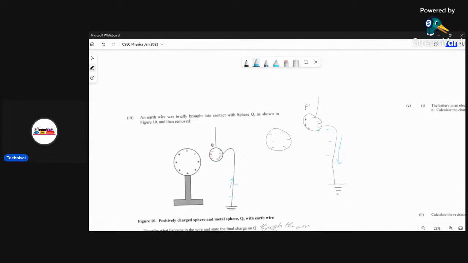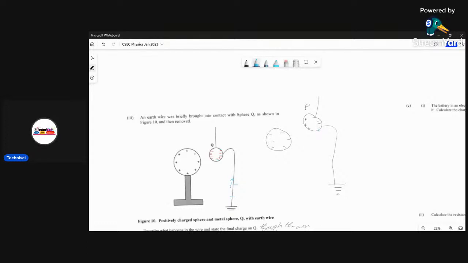When you remove the wire now, what charge will P have? Okay, Janelle said go again. Let me take out those electrons that I just let leave. I'm just doing the opposite scenario to what we have there.